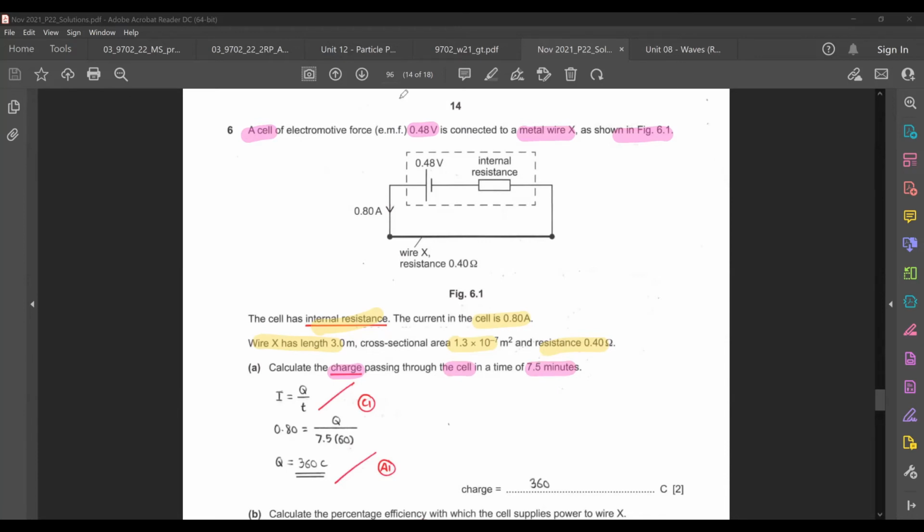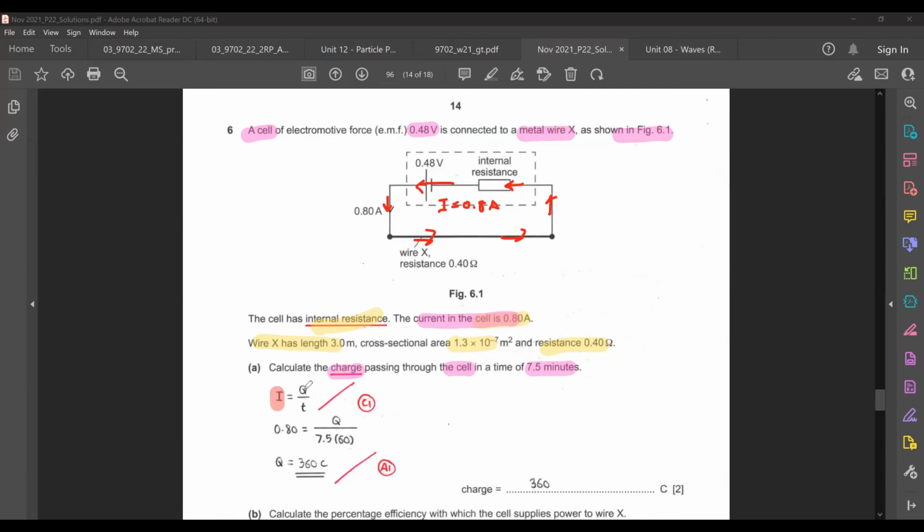Okay, so here they tell you current in the cell is 0.8 amps. We know that you're going to have a current of 0.8 amps. This current will move through your cell like this, move through your circuit like this. So you want the charge passing through the cell in a time of 7.5 minutes.